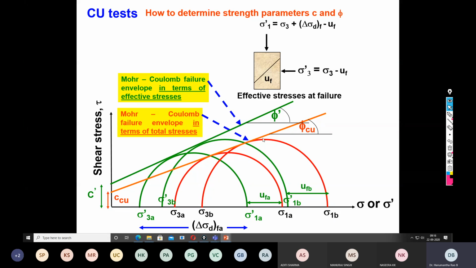Although it has been shown here, remember that the value of phi dash is much greater than phi_u, and the value of C dash is less than C_u. This is only indicative, but in reality the angle of internal friction increases and the cohesion component decreases. That is in general terms.